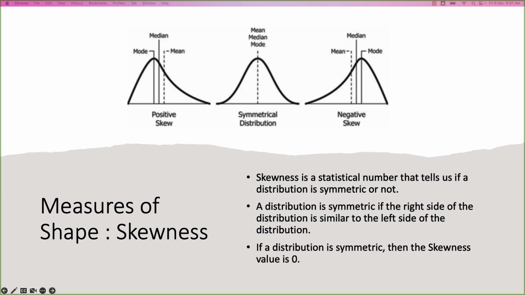Skewness and kurtosis are two important characteristics of the distribution, and these are very much studied in descriptive statistics. Skewness is a statistical number which tells us if the distribution is symmetric or not. A distribution is symmetric if the right side of the distribution is very similar to the left side, like the middle figure that you see right here.